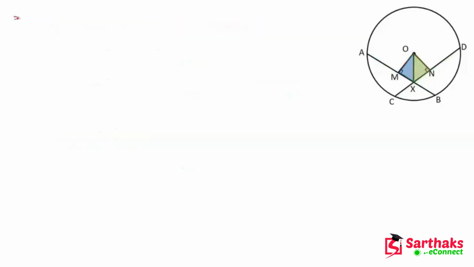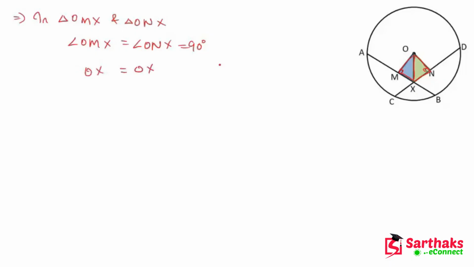Now, my dear friends, in triangle OMX and triangle ONX, angle OMX is equal to angle ONX, which is equal to 90 degrees. And OX is equal to OX, because this is common.